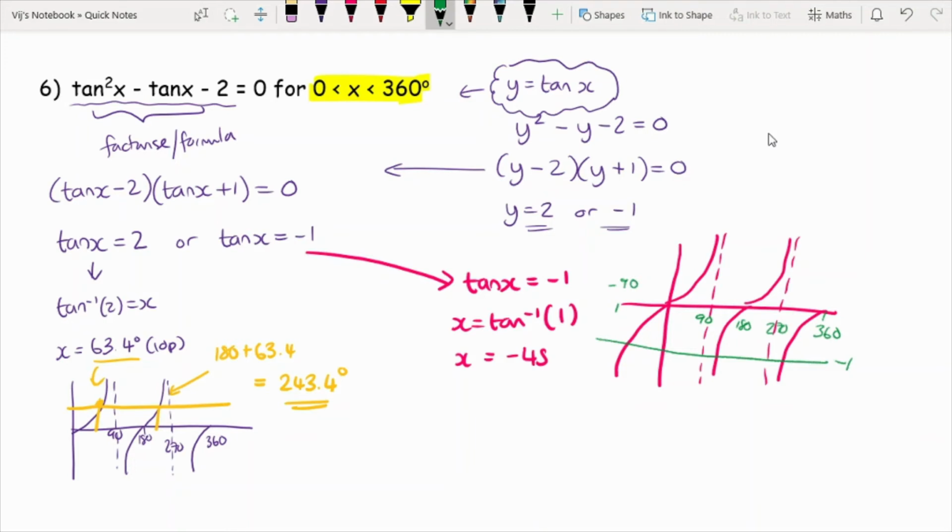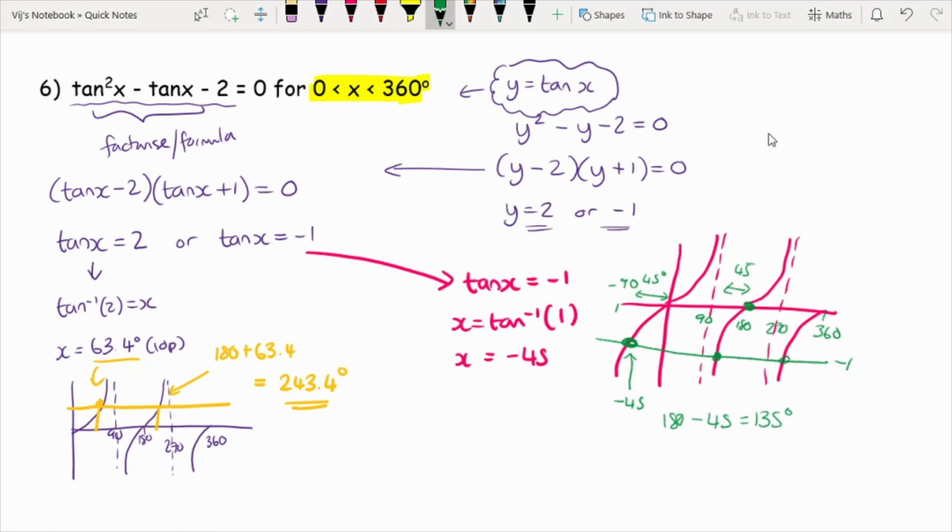So as you can see, what the calculator is giving me is this value here. So this is minus 45. And what that then tells me is that this distance from 0 is 45 degrees. So to work out this angle here, what I need to do is do 180 minus 45, which is going to be 135.